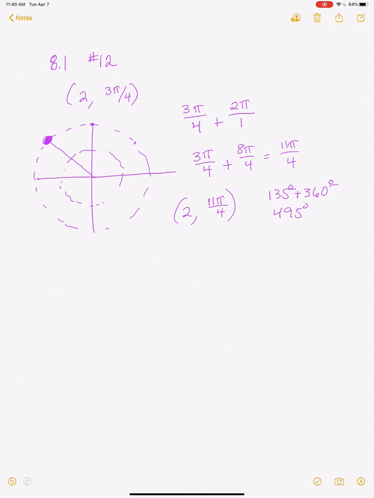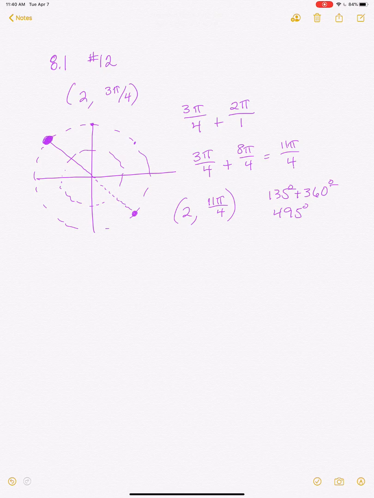All right, now I want to find one that's got a negative R value. So remember that if we're given a negative R value, we go to the direction of the angle, and then we go in the opposite direction, which basically means I need to be down here. That's where my angle needs to be, and then I need to go in that opposite direction to get to that point again.